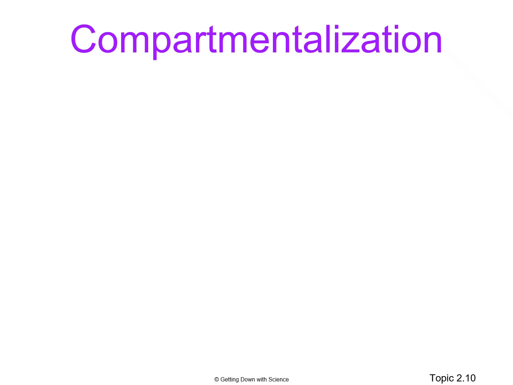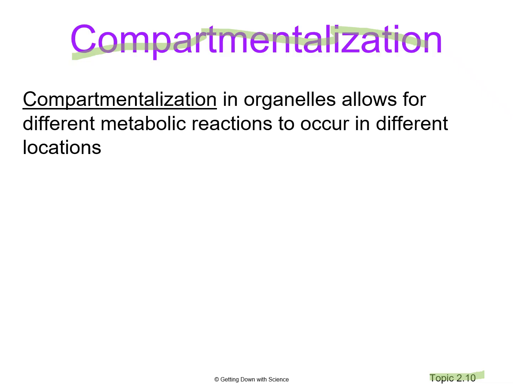All right, guys, so I'm going to highlight this region of my slide right here. What this means is that I have now jumped to topic 2.10 because I want to quickly explain what cell compartmentalization is before I start discussing the structures of the organelles. Cell compartmentalization is the ability of an organelle or organelles to allow different metabolic reactions to occur in different locations of the said organelle.